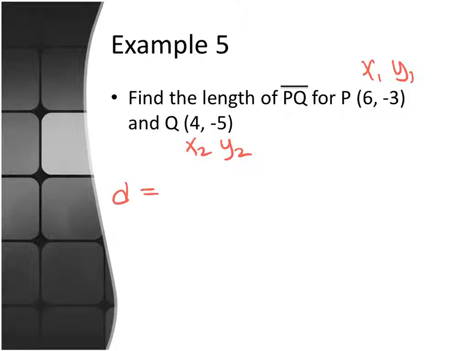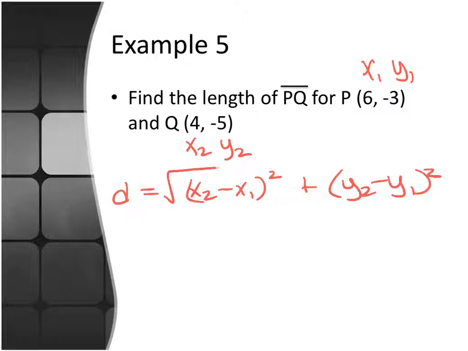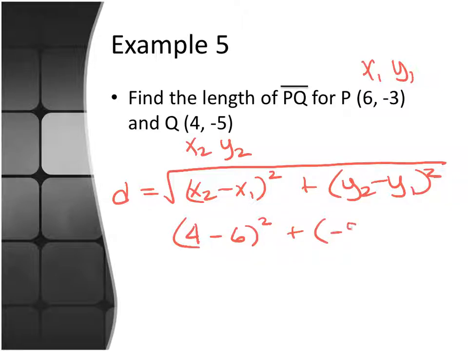So again, remember the distance formula, x2 minus x1 squared, y2 minus y1 squared. Good. And then the whole thing is under the square root. So let's plug in our values now. So we'll do 4 minus 6 squared plus -5 minus -3 squared.